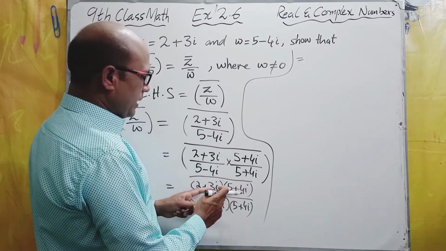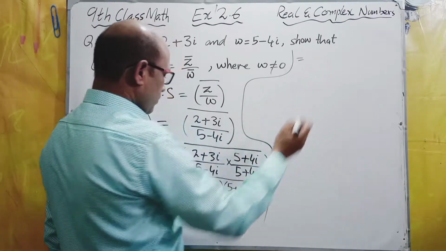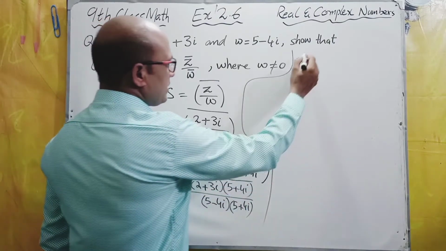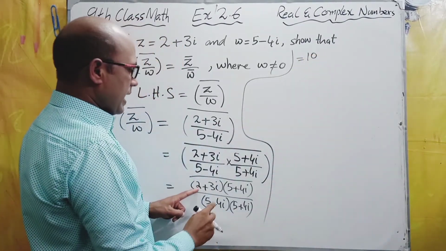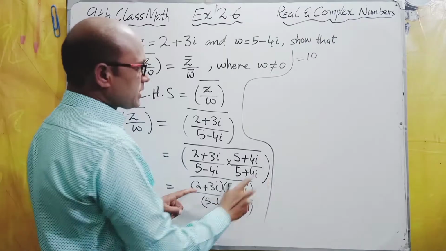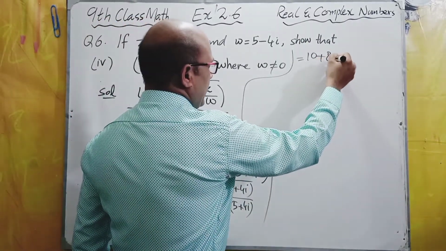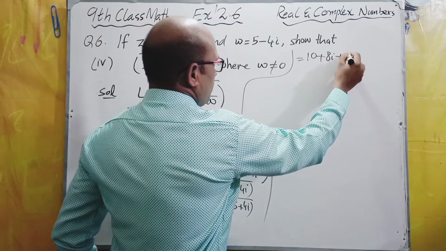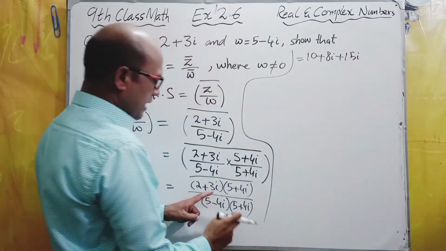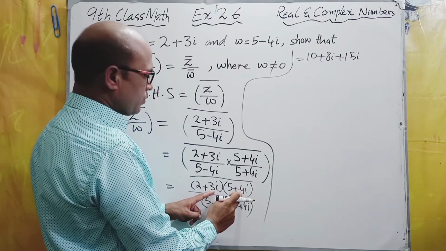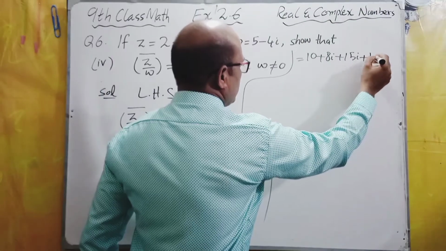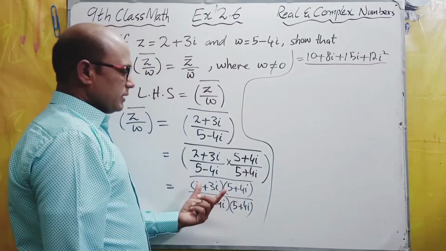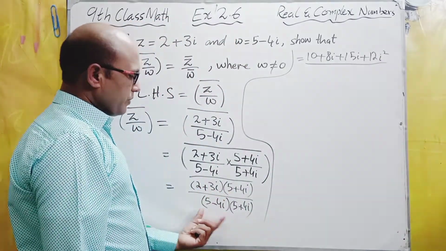Now when we multiply the numerators, we directly multiply these. 2 5s are 10 and 2 4s are plus 8 iota. Now 3 5s are plus 15 iota, and 3 4s are 12, plus 12 iota square. We have multiplied these brackets directly.